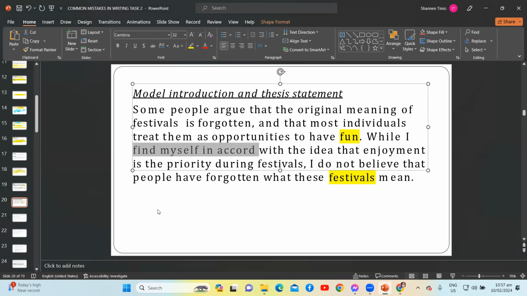I find myself in accord, or you can also say, in my opinion, the negative words such as not, or not in favor, or I have an opposing view of blah, blah, blah, yada, yada, yada. I do not believe. Those are indications that you disagree. Again, it's up to you if you want to be creative with your words, okay?